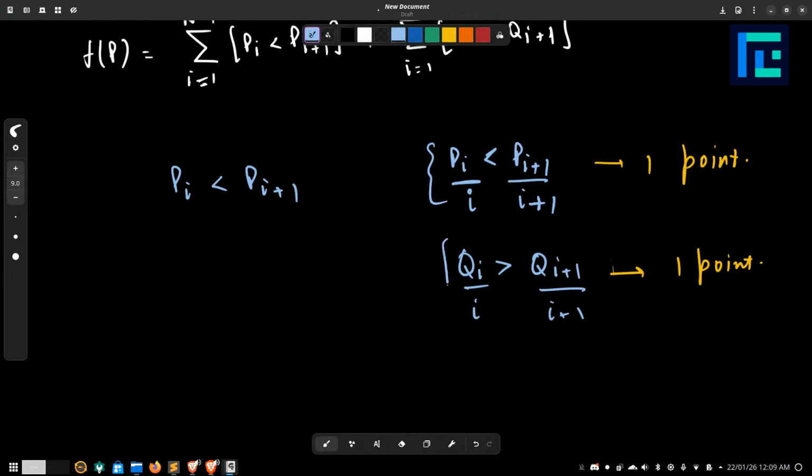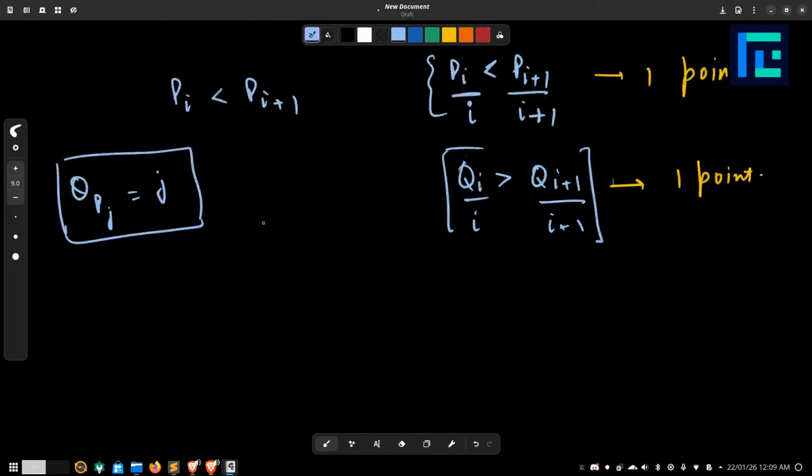We need to analyze this a bit more because it is hard to visualize. We are given this definition that q of p j is equal to j. Let's assume that q of i is equal to some k. So what is k?